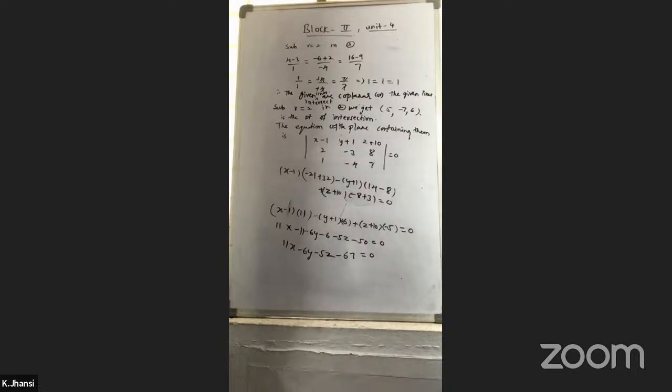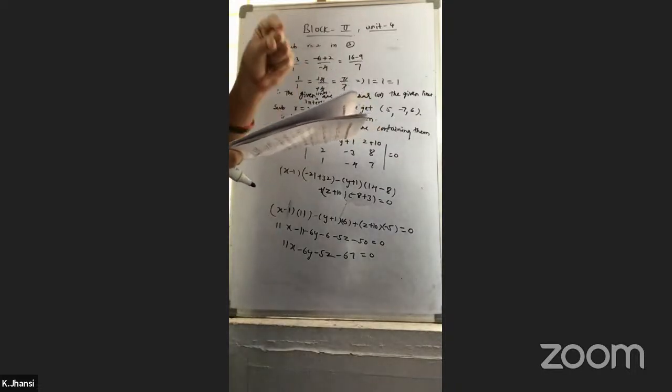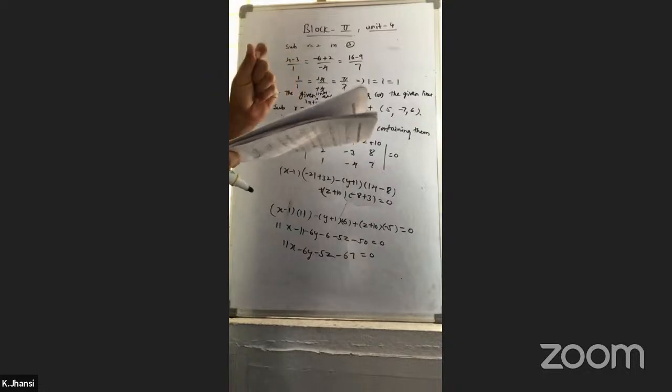Such types of problems you will get for the 10 marks questions. Some example problems and check your progress are there, and for direct coplanarity also you can see those example problems. In this, one more concept for finding the coplanarity and also the plane: one line equation will be in the symmetrical form and another line equation in the unsymmetrical form.